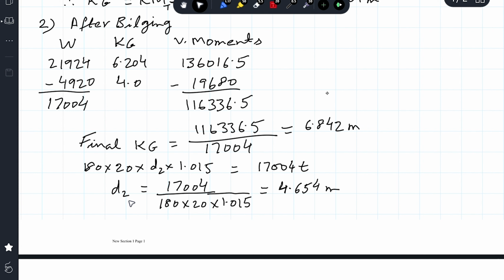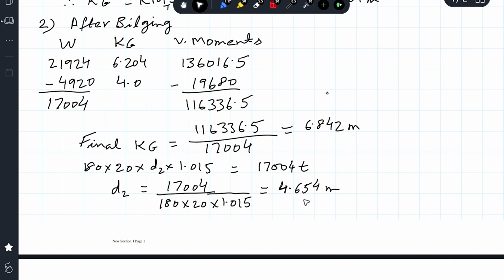So this D2 is the new draft after bilging, after considering the effect of discharge of seawater: 4.654. So this will become like an initial draft now for the bilging condition, 4.654.